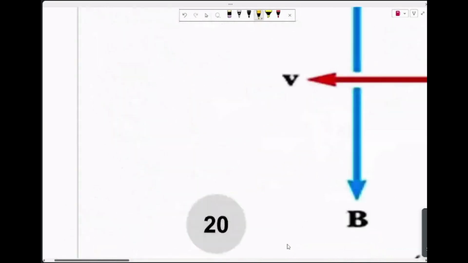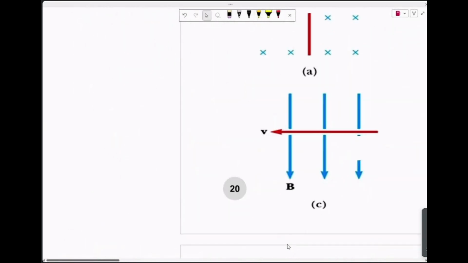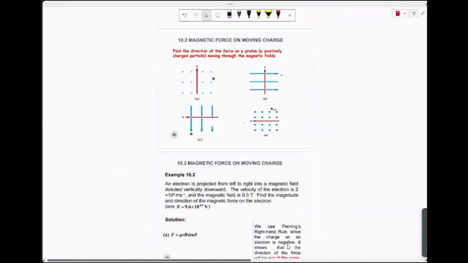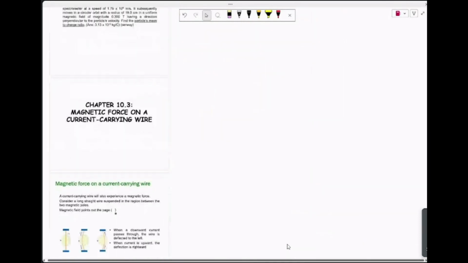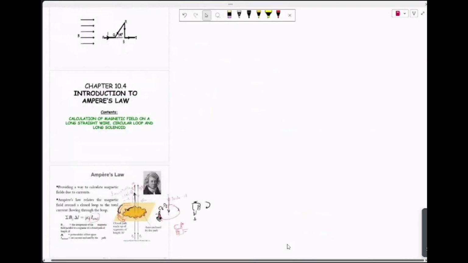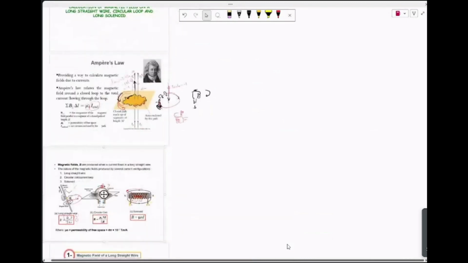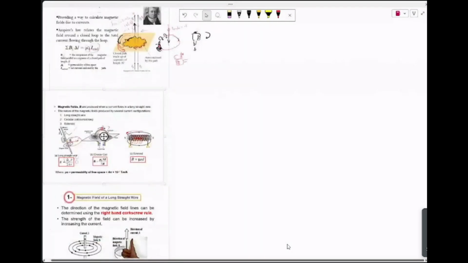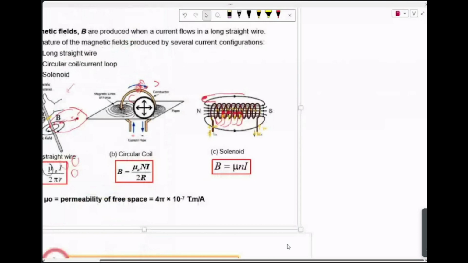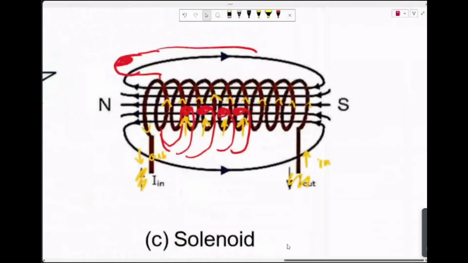Oh, I think I accidentally moved it too far. Let me just scroll it back quickly. Okay, so like that.